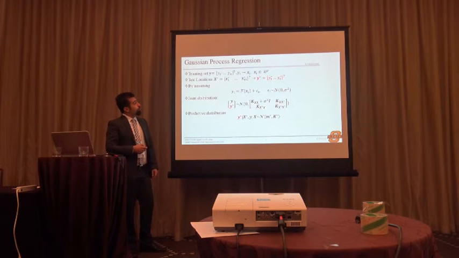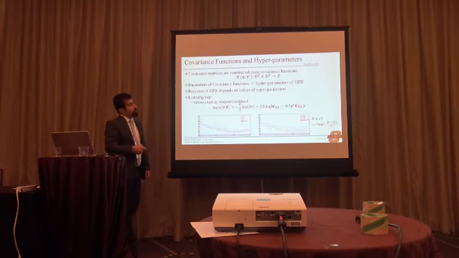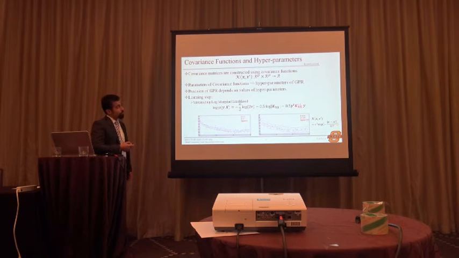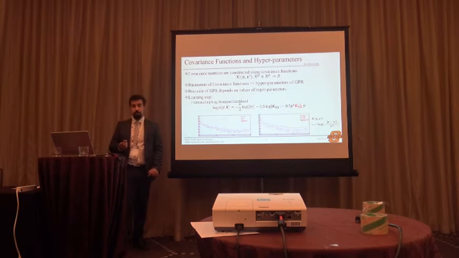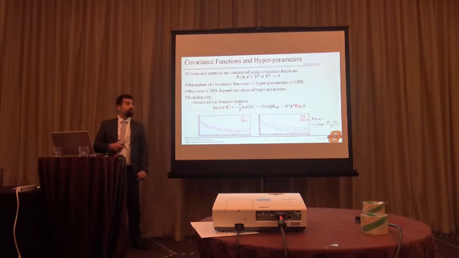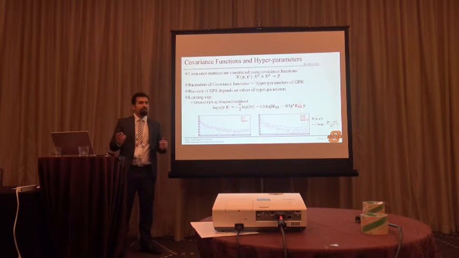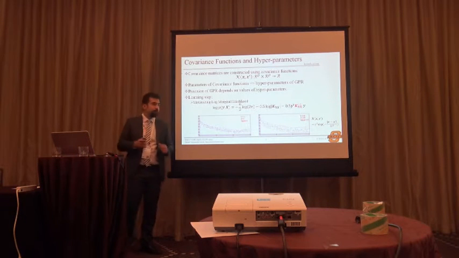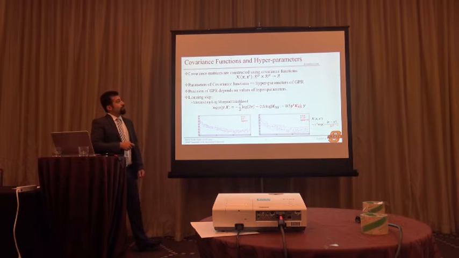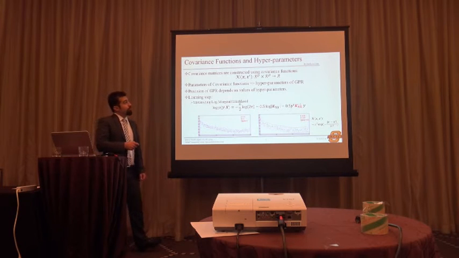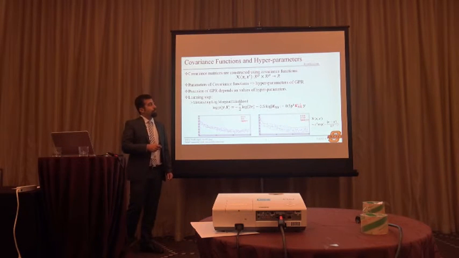What is important in Gaussian process regression is constructing this covariance matrix, where each element is constructed by a covariance function, which is a bivariate function that takes a pair of data points as input, and the output would be, loosely speaking, the similarity or covariance between these two data points. The parameters of these covariance functions are called the hyperparameters of our Gaussian process regression.